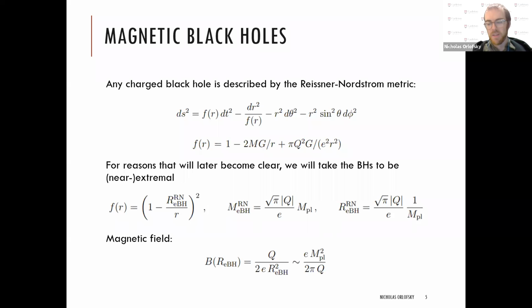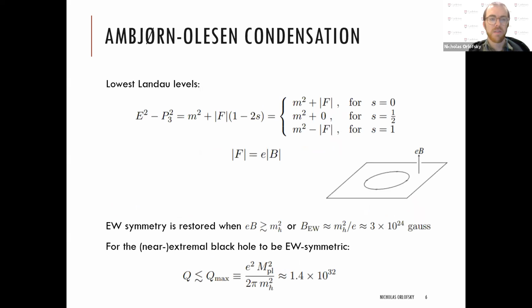As this magnetic field grows and grows, as you take the limit of the charge getting smaller, you have a lot of interesting effects with large magnetic fields. In particular, this goes by the name of Ambjørn-Olesen condensation.